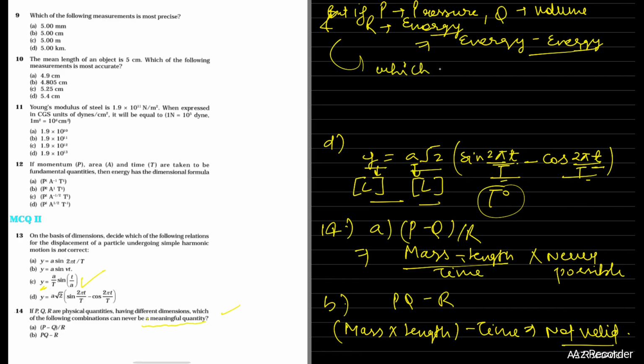This means the option is perfect because it is asked never possible. So according to the question it is right.